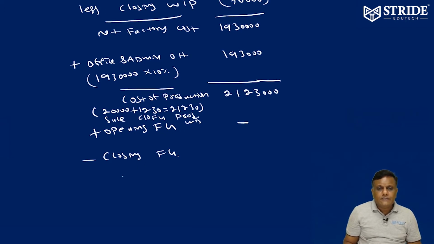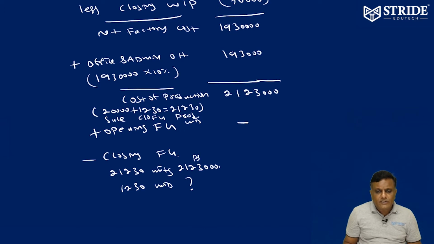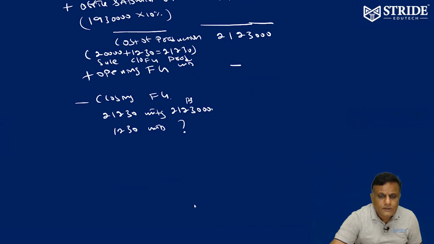Right. How to find closing stock? For 21,230 units we have a cost of production of 21,23,000. Then for 1,230 units, what is the cost of production? We have to find that out.